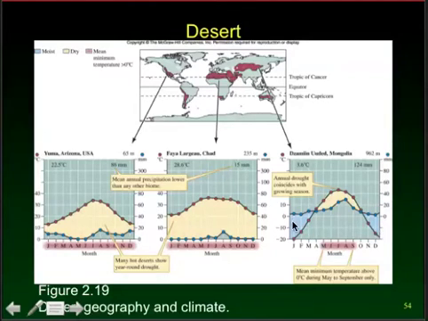However, what you have to remember is that these temperatures are well below freezing, and so the moisture that's available is going to be primarily as snow and ice, and it's not going to be available for plant growth, and as a result, you're not going to support a large number of plants. There's going to be very little primary productivity. As a result, the numbers of plants and animals are going to be relatively sparse.